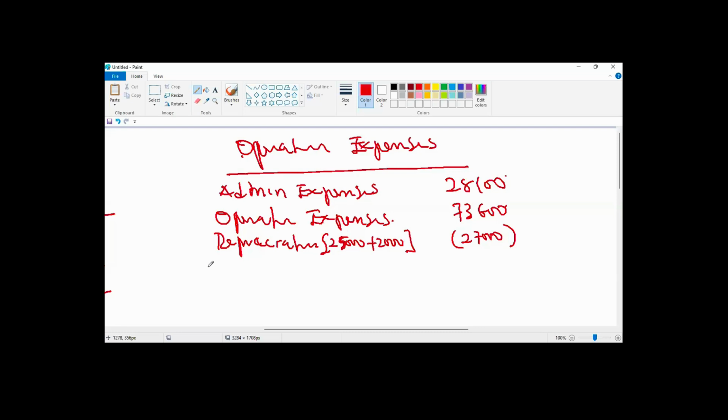Is it loss or profit? The question says fully depreciated. Fully depreciated means the net book value is 0. So for how much? 5,000.